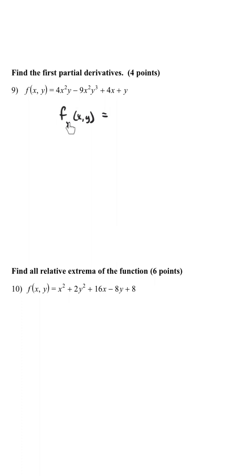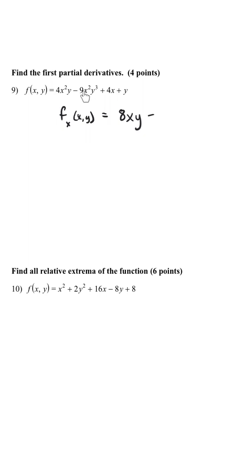So if we're differentiating with respect to x, the partial derivative would differentiate just this portion that has the x variable. So the derivative of 4x squared is 8x. So it's 8xy. And then again, y cubed is a constant value.